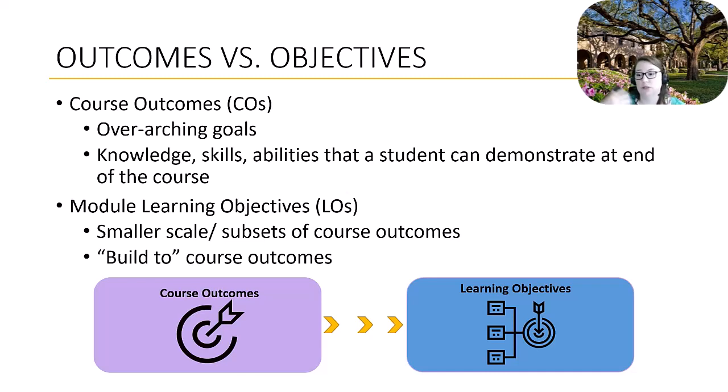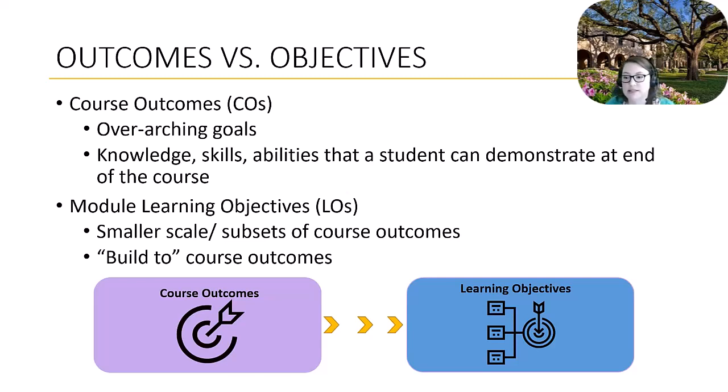In one module, you may focus on the social issues. In another one, you may be focusing on social policies. Your lecture materials, videos, scenarios, and activities may differ depending on whether the module is focusing on issues versus policies, but all of that collectively would support that course outcome of discussing the change in the social climate over time.